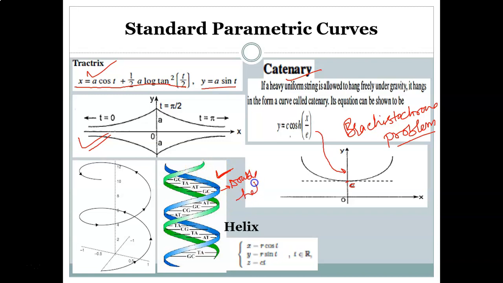This is one helix in green color, another helix in blue color, and in both the helical structures there are bases G and C. They are connected in this way. Human genetics is related to this, and the mathematical equation by which this type of structure comes out is x equal to r cos t, y equal to r sin t, and z equal to ct. So this is the equation of the helix.